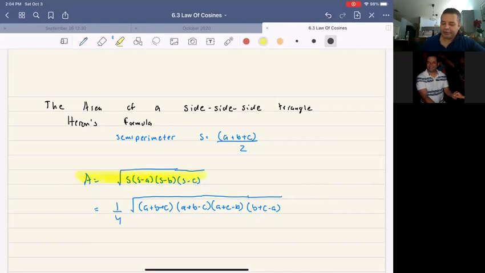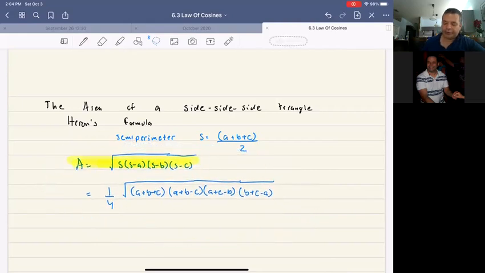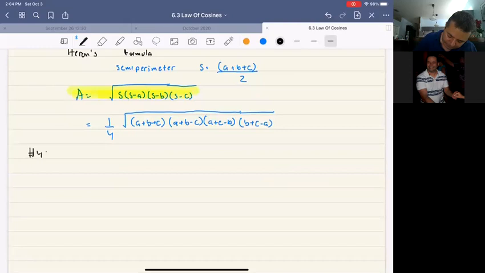Okay? So let's do a problem finding the area using Heron's formula. Number 40 gives us A equals 50, B equals 100, and C equals 130.